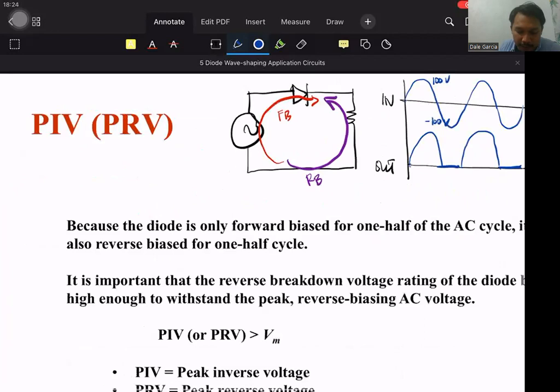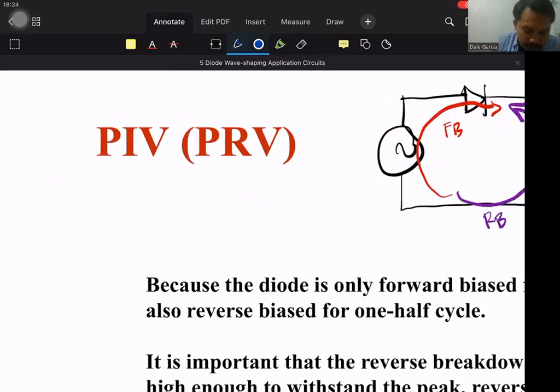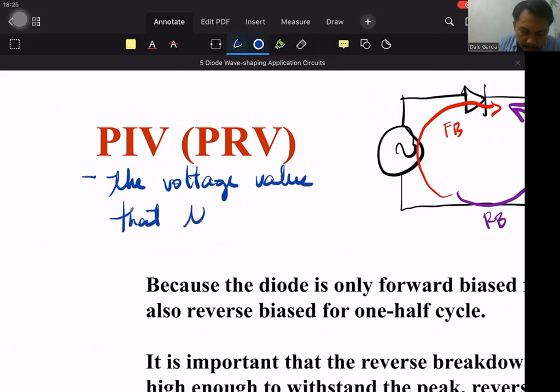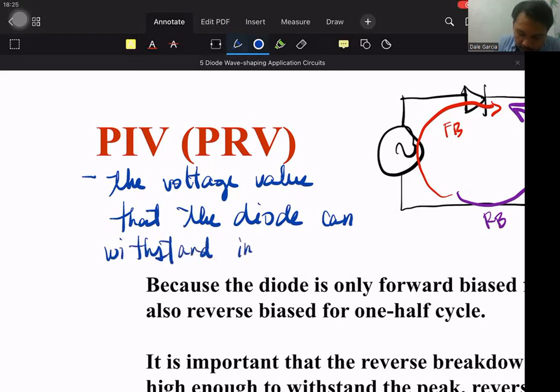So I think that's a better definition. This is just my own definition, but it will work. Peak inverse voltage is the voltage value that the diode can withstand in the reverse bias.